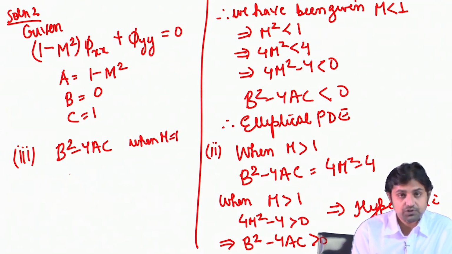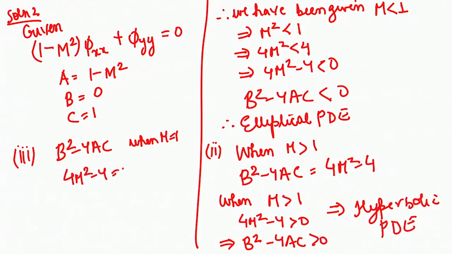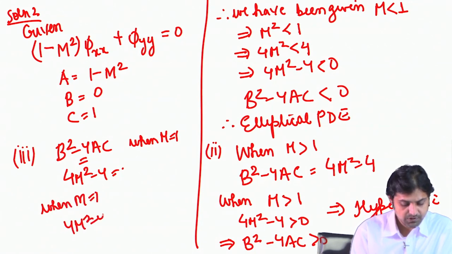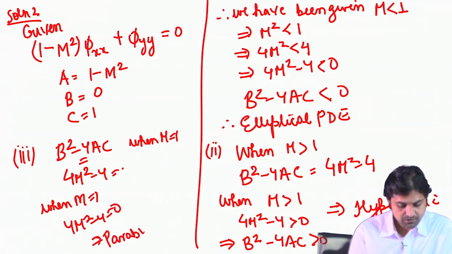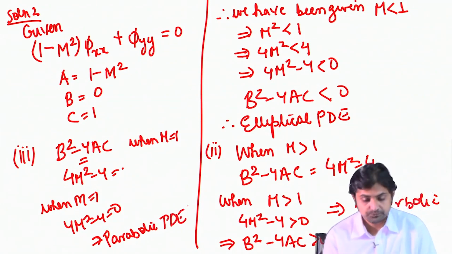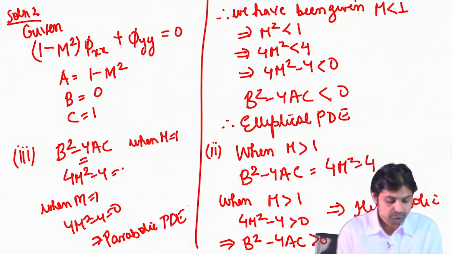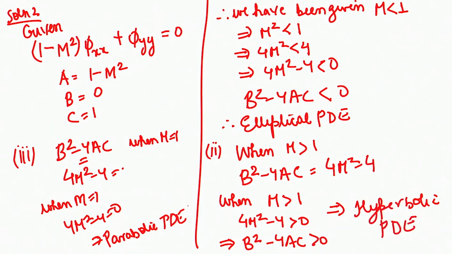So b square minus 4ac came out to be 4m square minus 4, right. So when m is equal to 1, 4m square minus 4 is equal to 0. This means it is a parabolic partial differential equation. So this is how we have solved the problem. All right.